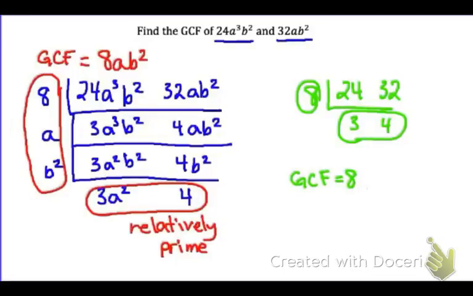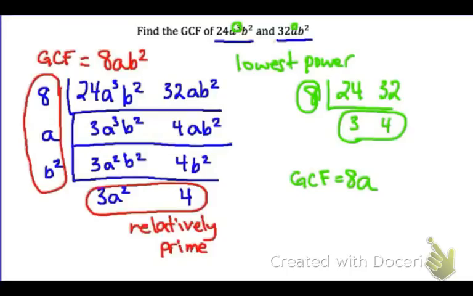To find the value of the variables, I'm going to compare powers. So factors are smaller than the original number. So I'm going to look for the lowest power of a and the lowest power of b. So here I have a cubed, and here I have a with no exponent, so that's a 1. So 1 is smaller than 3, so 8a.